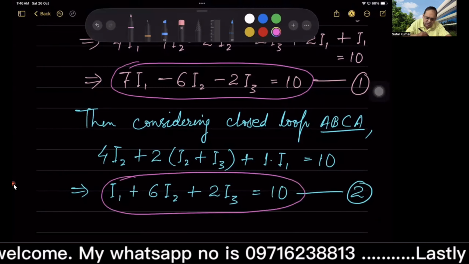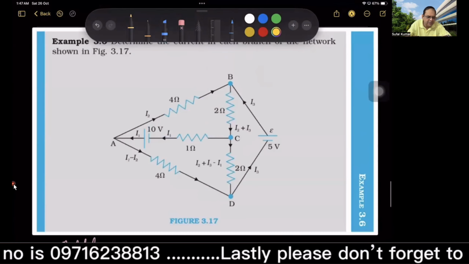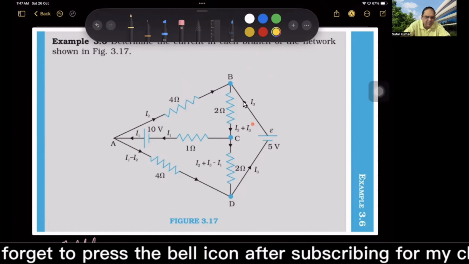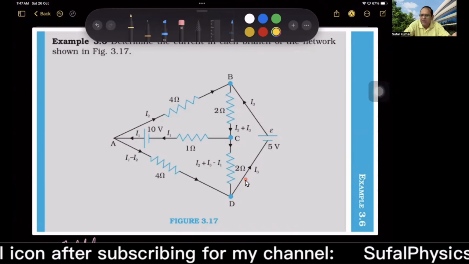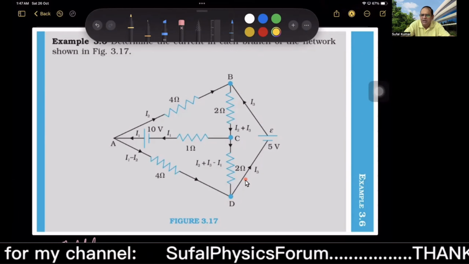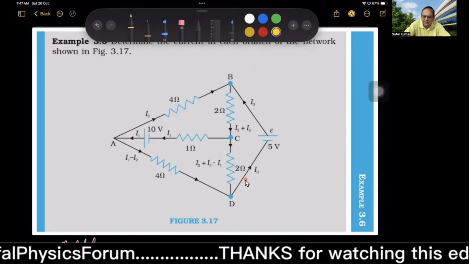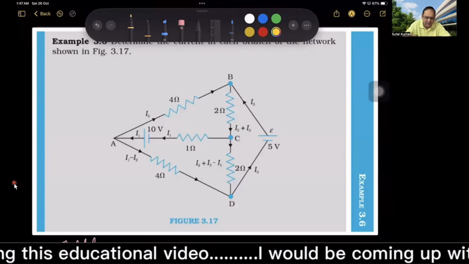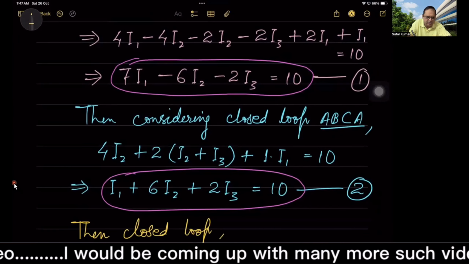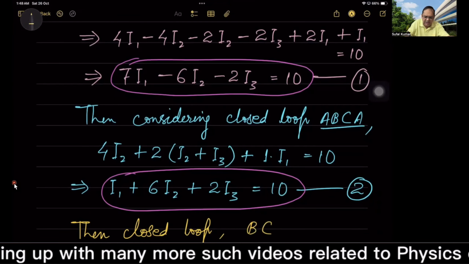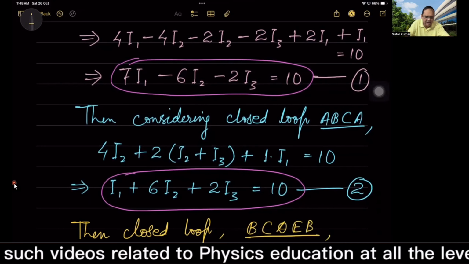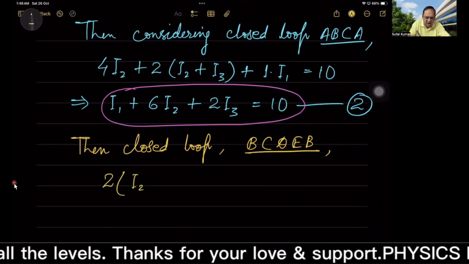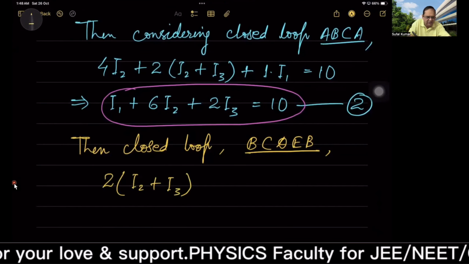Equation number 1, 2. Now the third equation, this one, B, C, D, E, B, like this. For 3 unknown variables, at least we need 3 linear equations, a simple law of algebra. Now for this closed loop, I'll be writing closed loop B, C, D, E, B. Keep checking from the diagram. 2 into I2 plus I3.